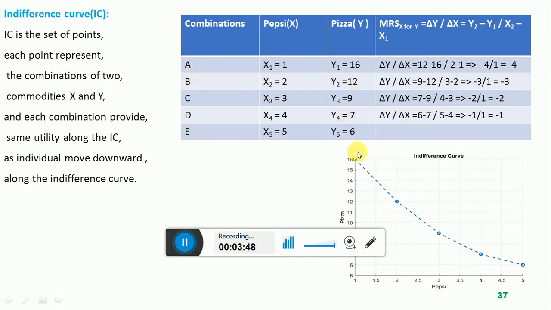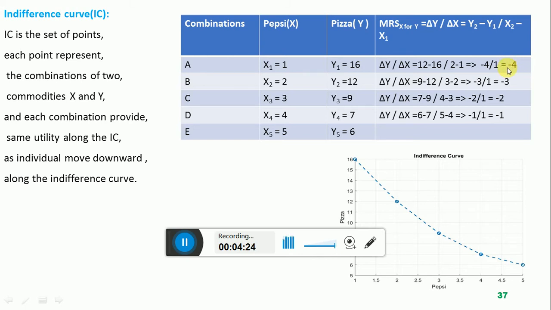From this point along the curve, from 1 and 16 to 2 and 12 at point B, the football player wants to increase Pepsi and decrease pizza. In the very first step, when he changes from combination A to combination B, the rate of substitution is calculated as -4, where the negative sign shows the negative relationship between pizza and Pepsi: if Pepsi increases, pizza will decrease.